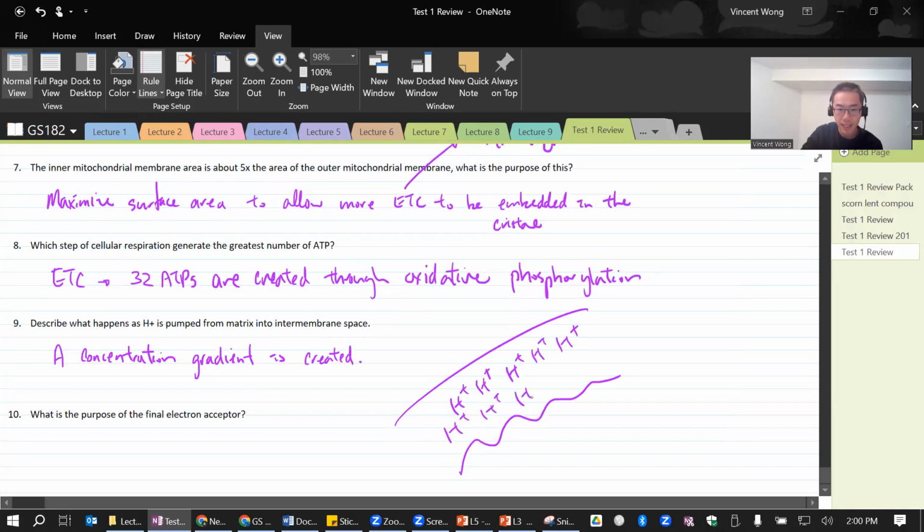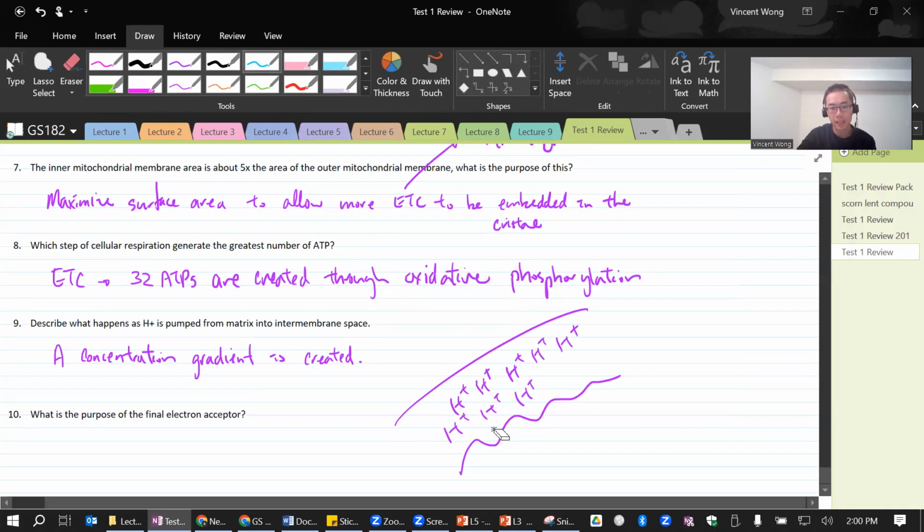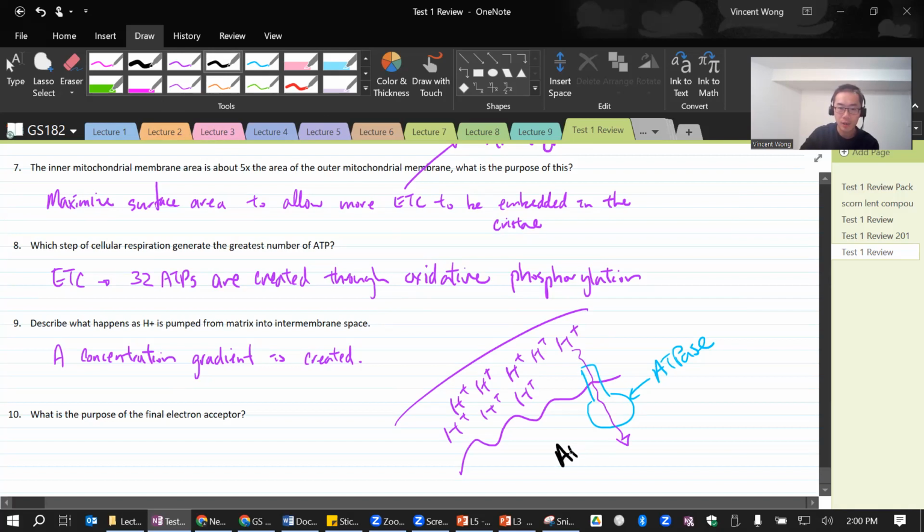They really want to come back in, but they cannot because the membrane is impermeable to charged particles, right? So that's why we need the doorknob, the ATPase, the turbine, which allows the H plus to come back in. As they come back in, the energy is used to add P to ADP, and that creates ATP.